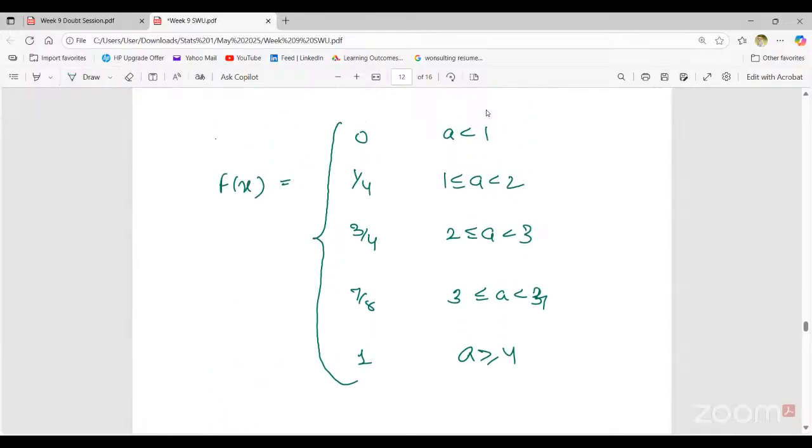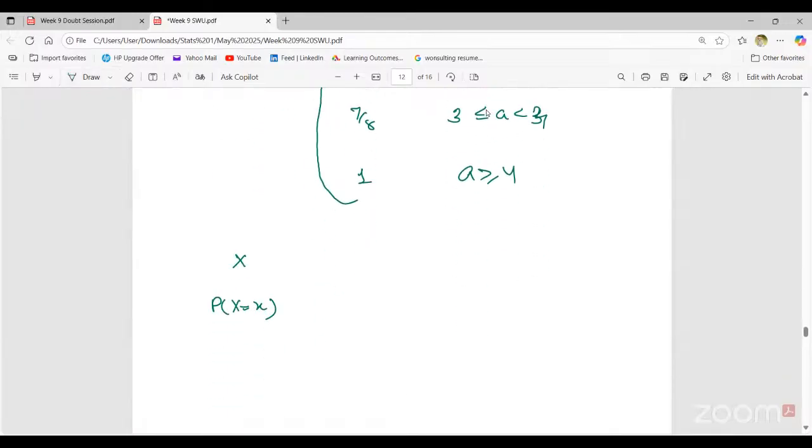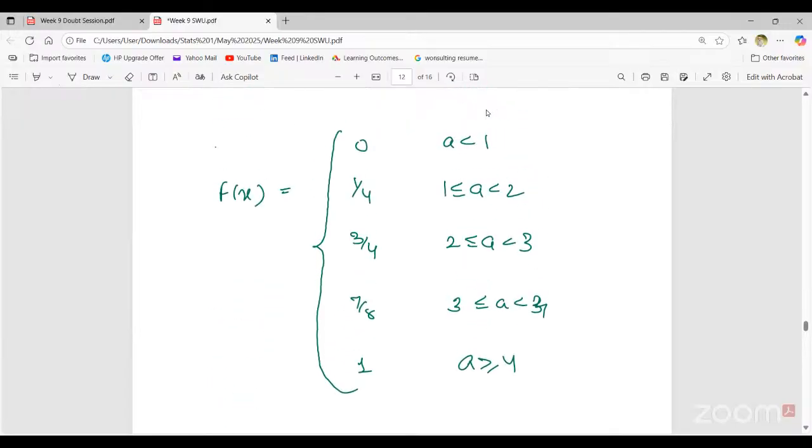If the CDF is given, what will be my PMF? Anyone? Any idea how to do it?